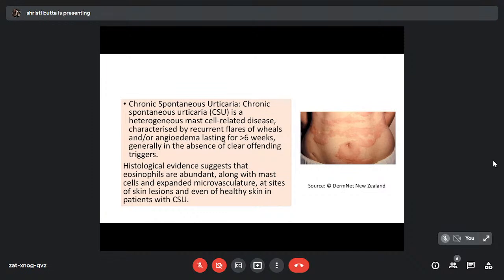Now, what is DRESS, that we were talking about? That's a drug reaction with eosinophilia and systemic symptoms. So you have maculopapular rashes that develop with multi-organ failure.